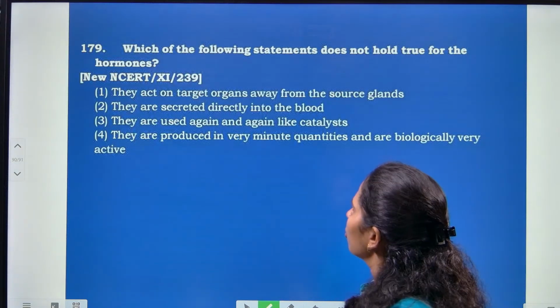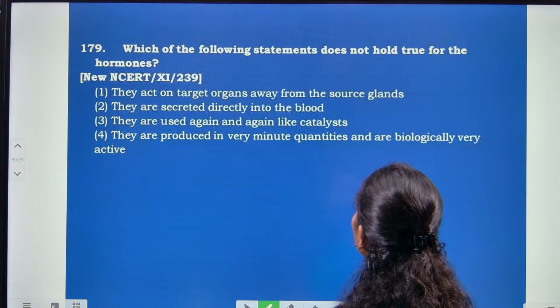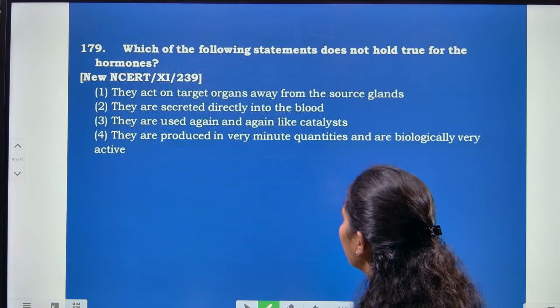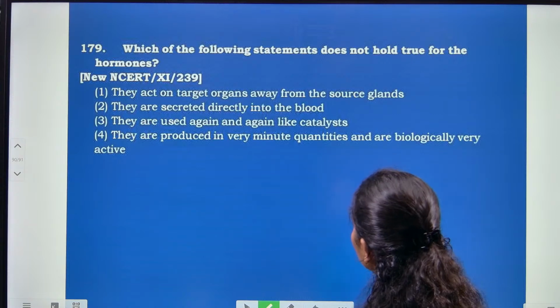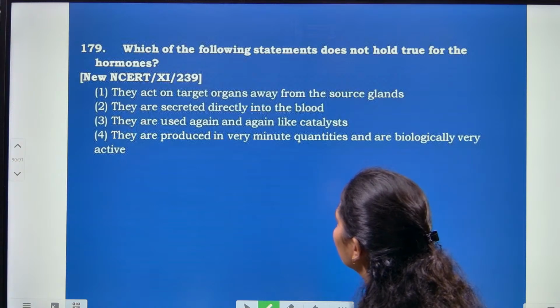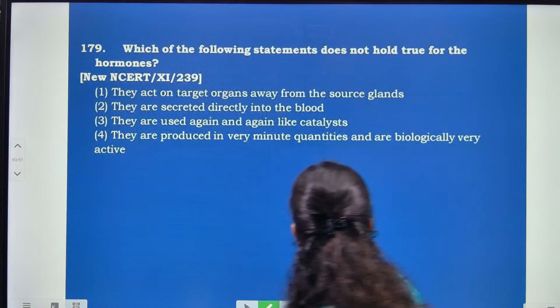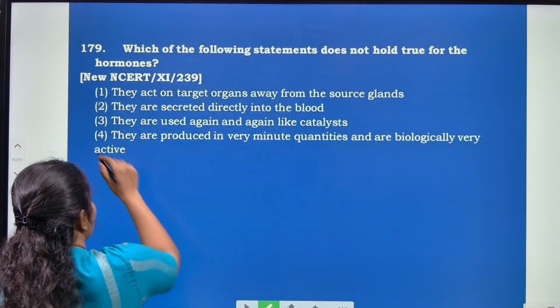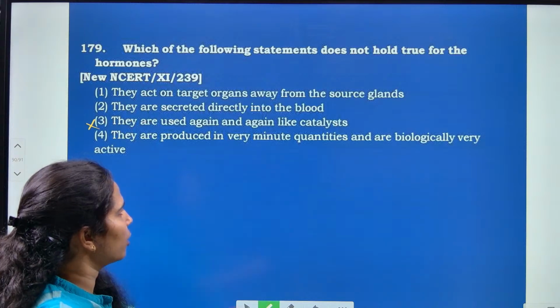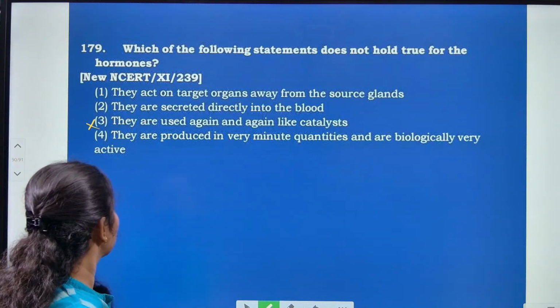So which of the following statements does not hold true for hormones here? They act on target organs away from the source glands here. Yes, they are secreted directly into the blood. They are used again and again like a catalyst. No, they are not used again and again as a catalyst here. And they are produced in very minute quantities and are biologically very active here.